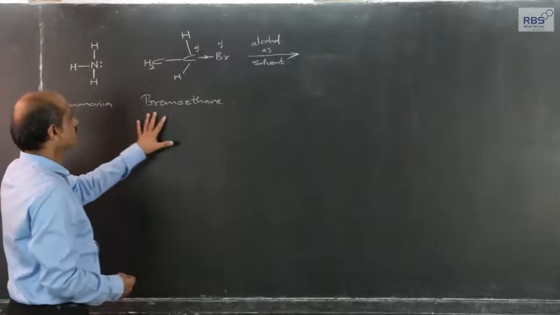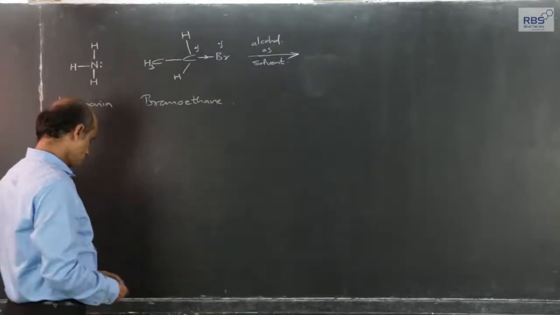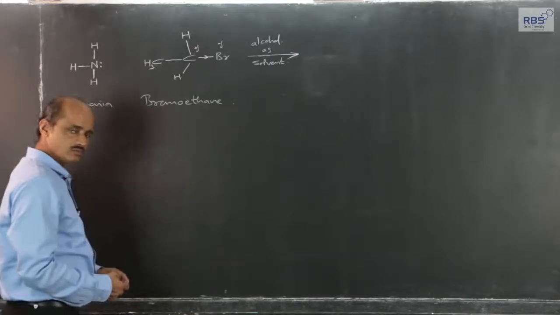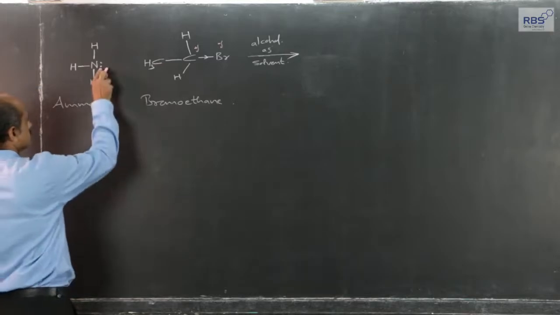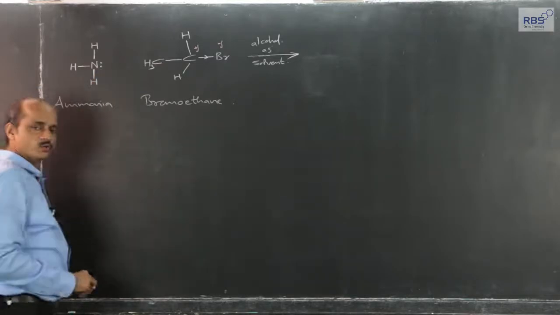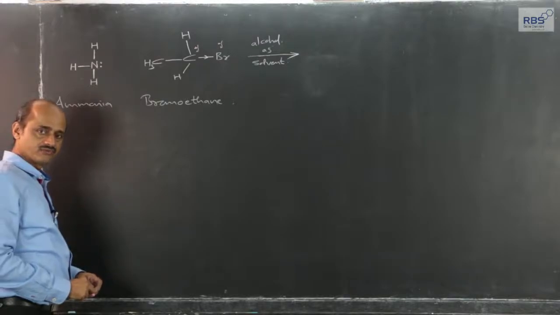Now, again this reaction comes under SN type. Let me show how. Ammonia has one lone pair of electrons on nitrogen. During the concept of hybridization, we have studied that.